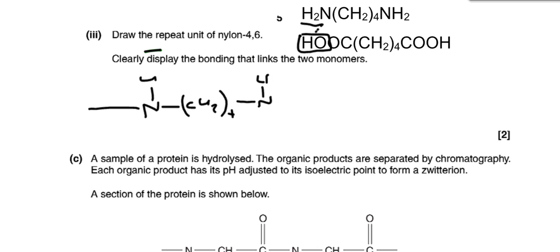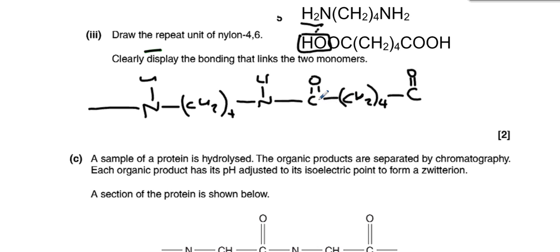That is going to bond to the C double bond O, which has lost its OH, and then I carry on my CH2, 4 of those, then back to my C double bond O.